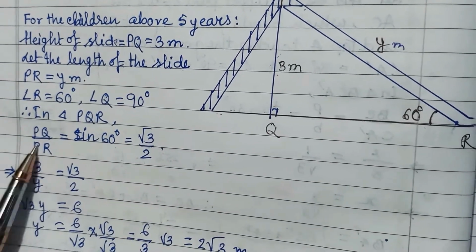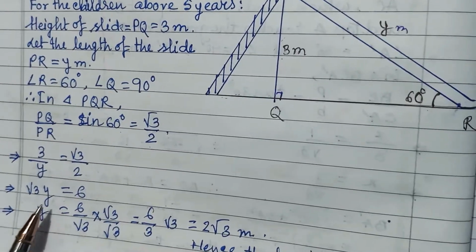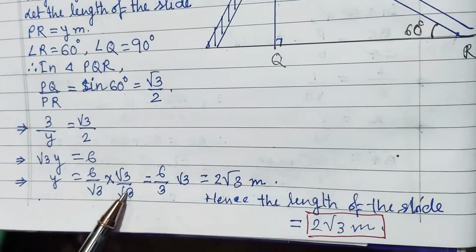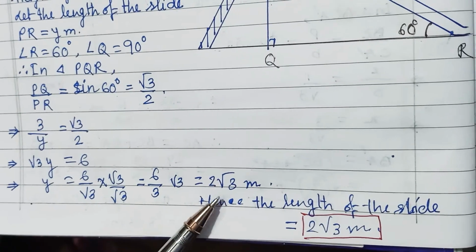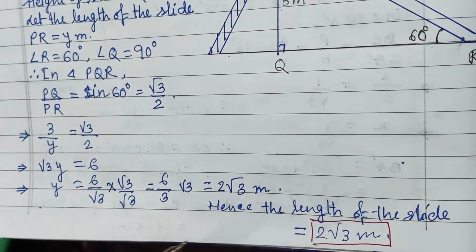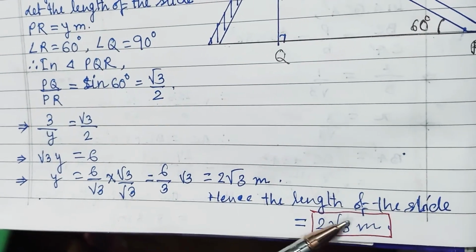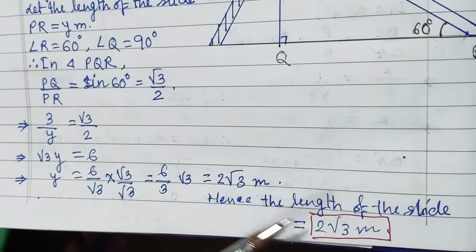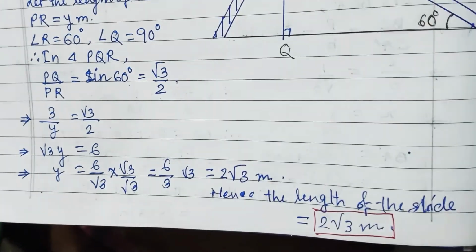So 3 upon y is equal to root 3 upon 2. Cross multiply, y is equal to 2 root 3 meter. Hence the length of the slide is 2 root 3 meter for the elder children.